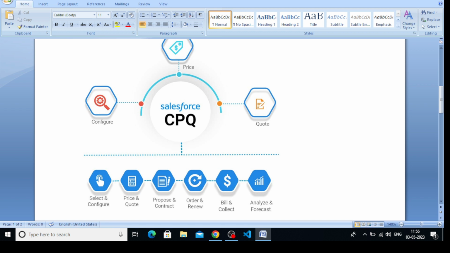Which company will give the product at its cost price? No company will provide that, right? They have to pay salaries and maintenance charges, and they need to generate revenue. Who will give you the cost price of the product? No one will. So they will also have some margin.